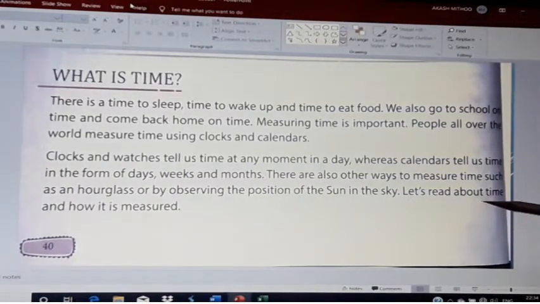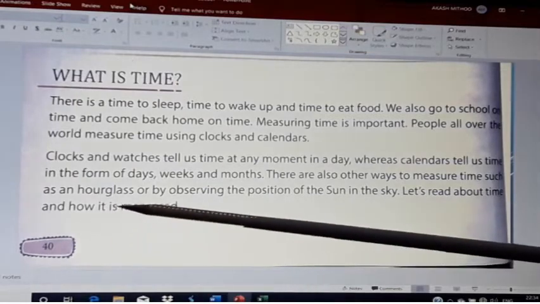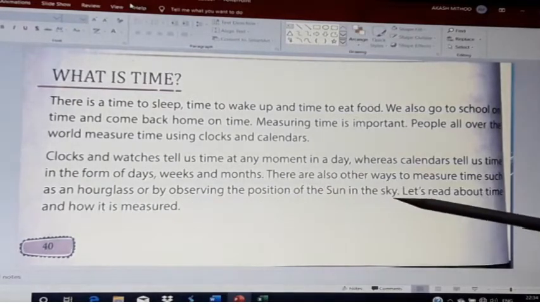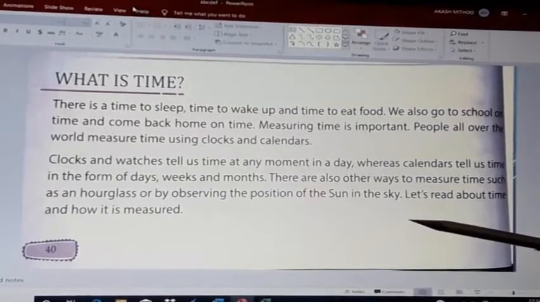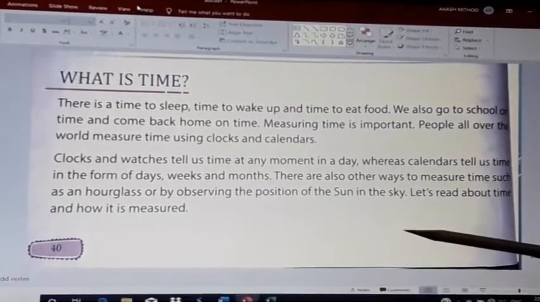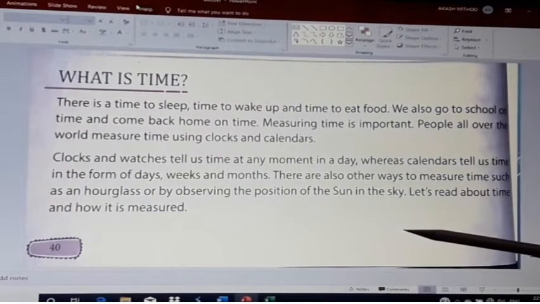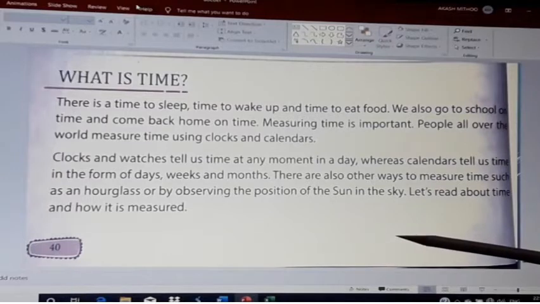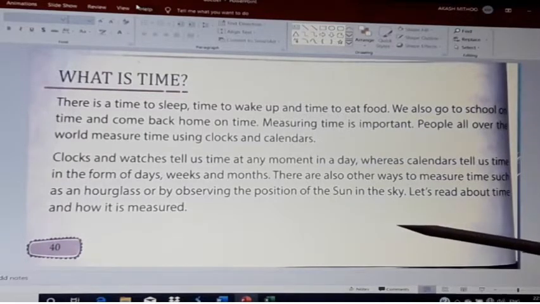Let's read about time and how it is measured. So children, we can know the time by seeing the clocks, or also we can observe the position of the sun in the sky and know the time.